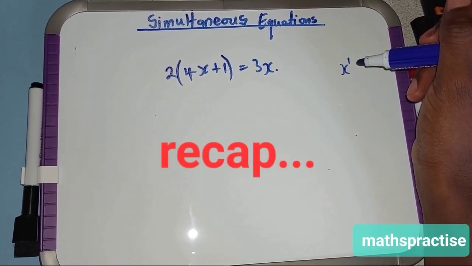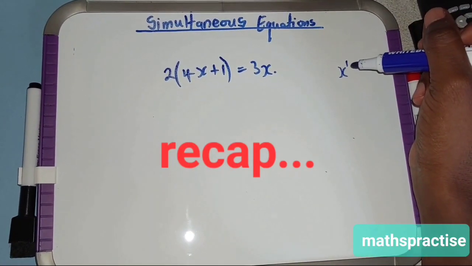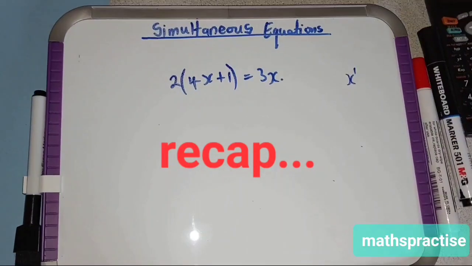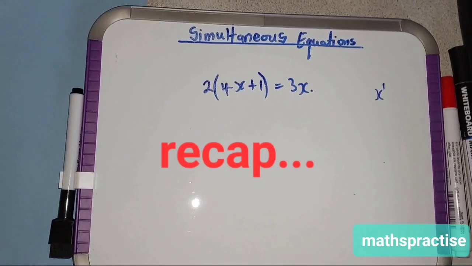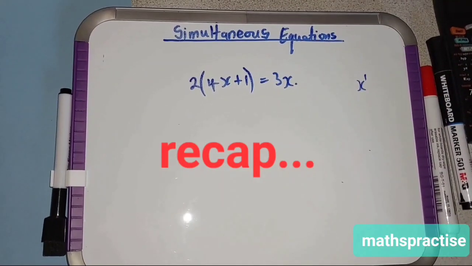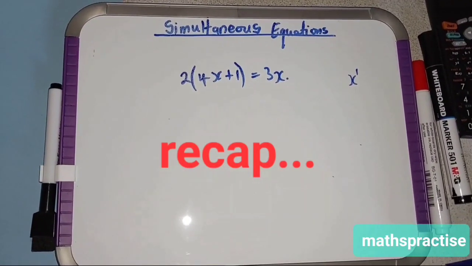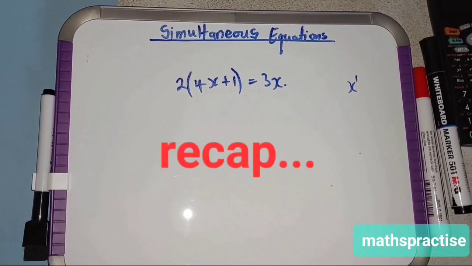So the thing that you have to do is to simply make x the subject of the formula by grouping the like terms. We have the worked example of this type of equation from the previous video. If you haven't watched it, do go back and look into it.